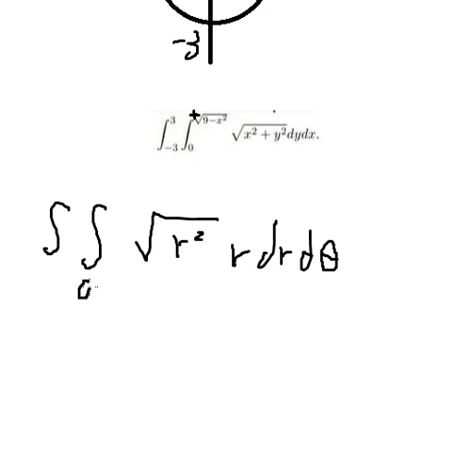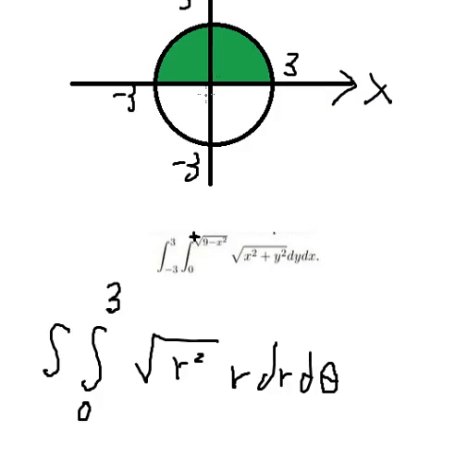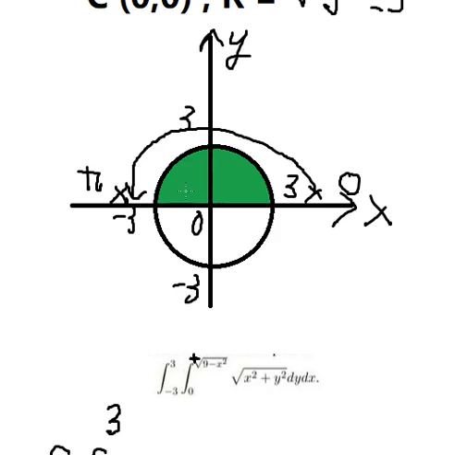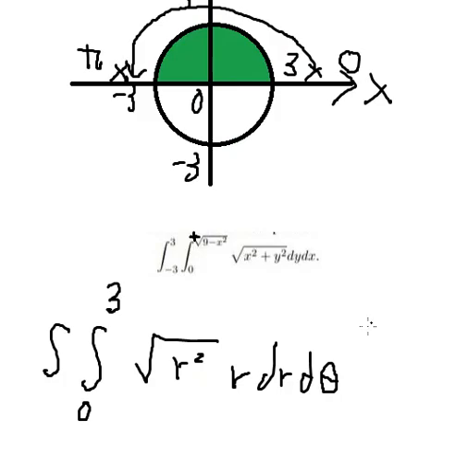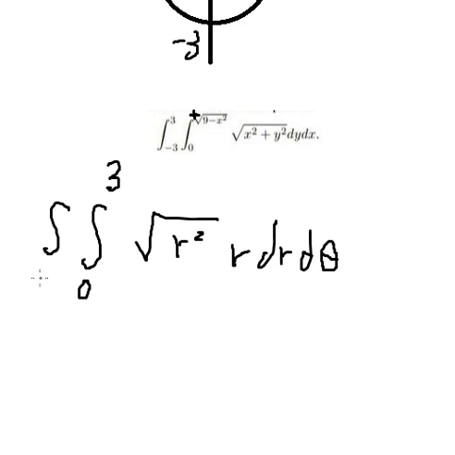So we start from 0 to 3, just like this. And the next one, d theta, we start from here to here. And this one is from 0 to pi. So we just apply the trigonometric circle. So the bounds of theta in here, you get from 0 to pi.